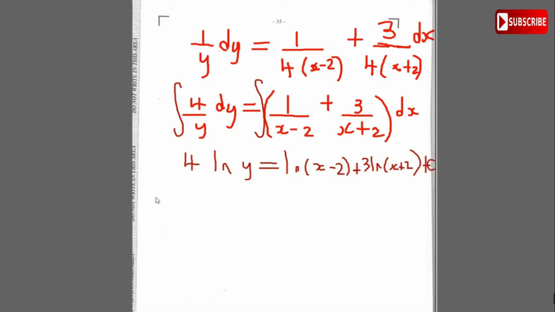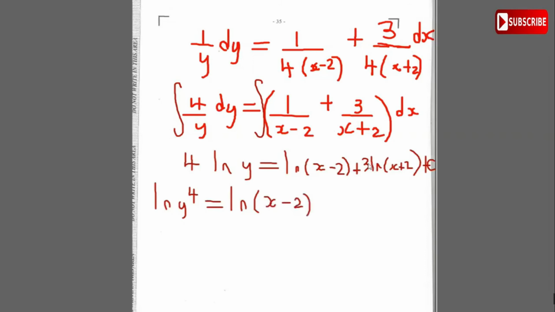But now look at this. Instead of writing some constant c, I'm going to bring up the power of 4 and write this now as ln y to the 4 is equal to ln x minus 2.